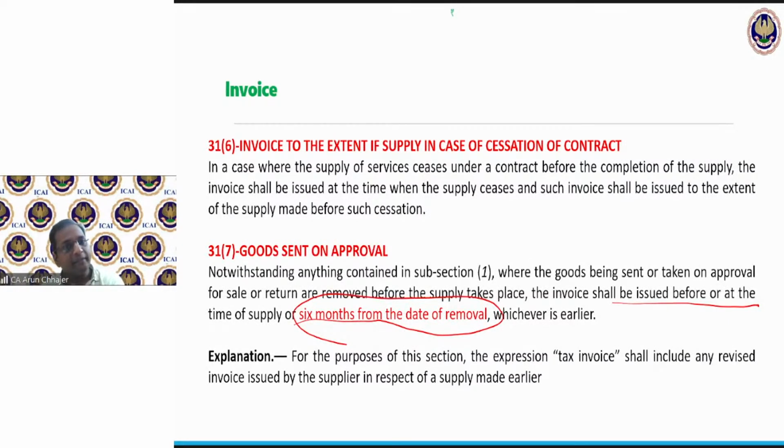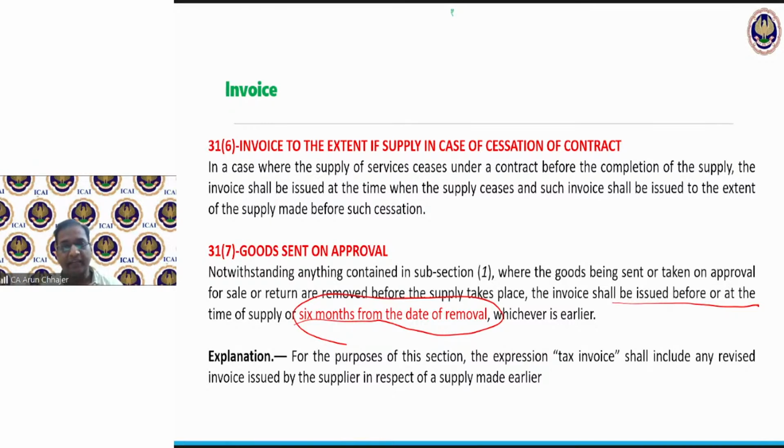Now, sometimes we are sending the goods, but it is not supply, it is approval basis. So it will reach the customer. Then what is the last date to issue the tax invoice? They are saying the date of the supply when he conveys his acceptance, or max to max, it will be the 6 months from the date of the removal.